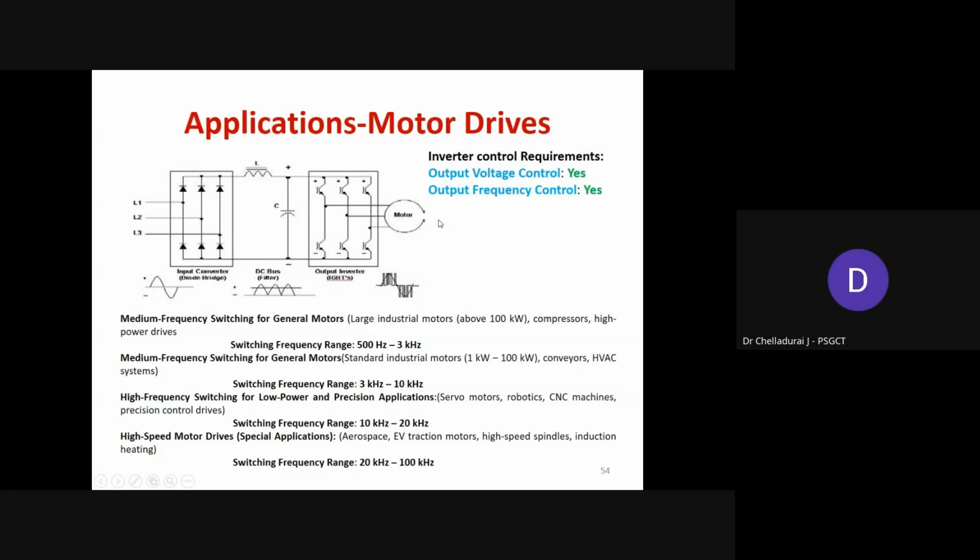Then again, DC is converted into variable AC with variable frequency. Here the phase angle and magnitude mostly need not change. So here the VSI topology can be used to control only the output voltage and frequency.